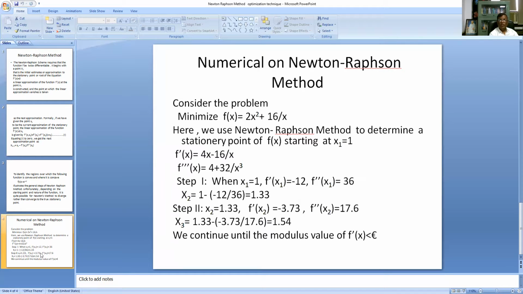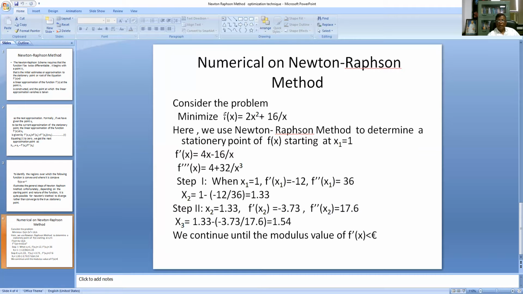So you consider a function f(x) is equal to 2x square plus 16 upon x, and you have to minimize this function by using Newton-Raphson's method. So according to Newton-Raphson's method, you have to take a stationary point, that is suppose x1 is equal to k.